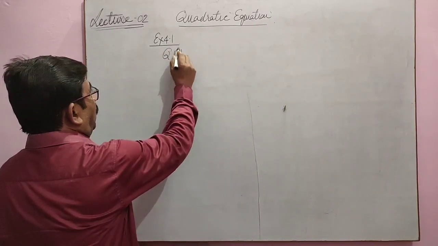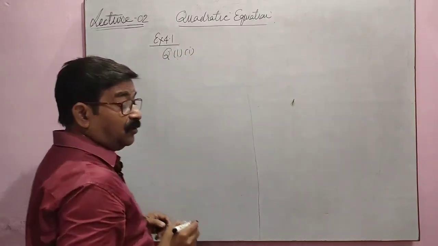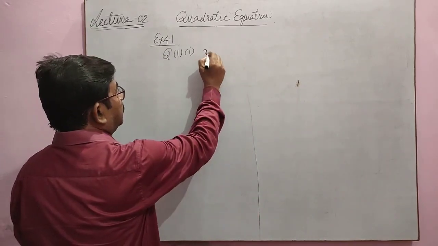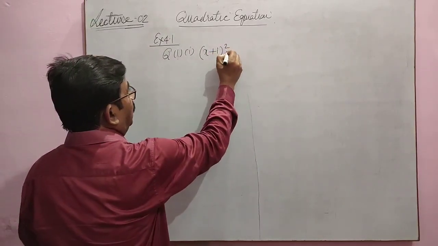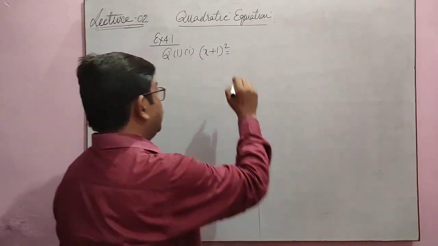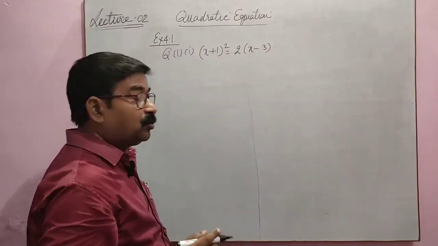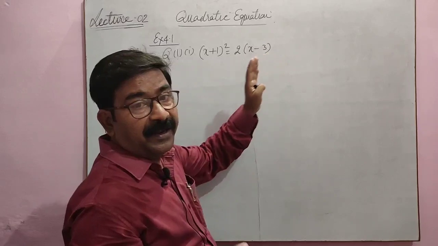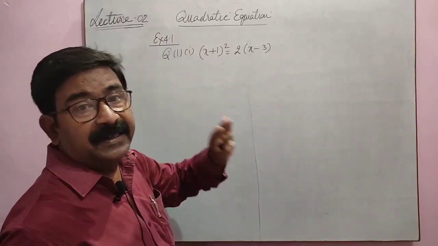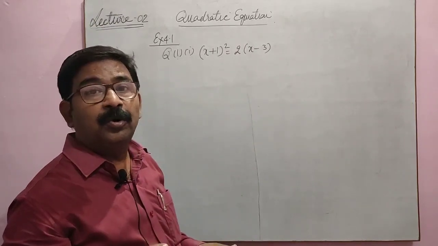Question number 1, first part, we are given (x plus 1) whole square is equal to 2 times (x minus 3). We have to simplify both sides, and after that let's see whether the degree of the given equation is positive 2 or not.